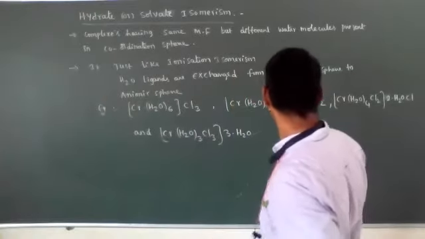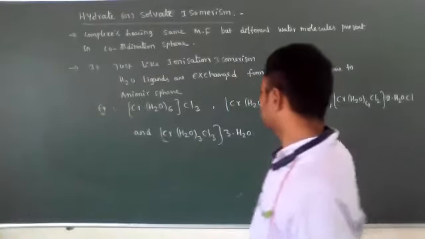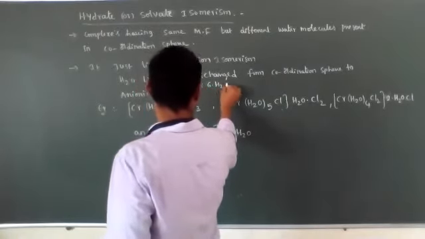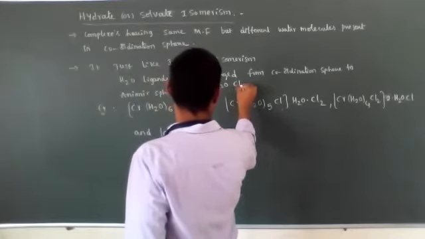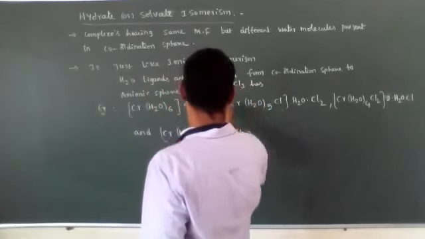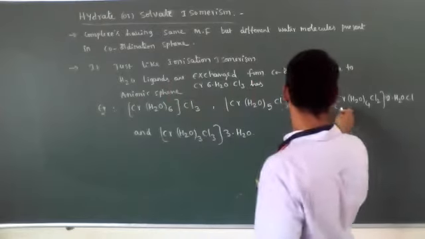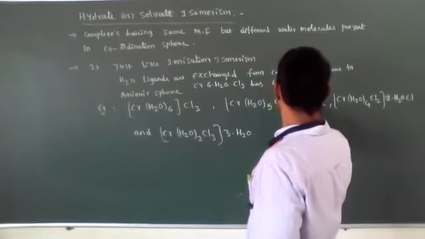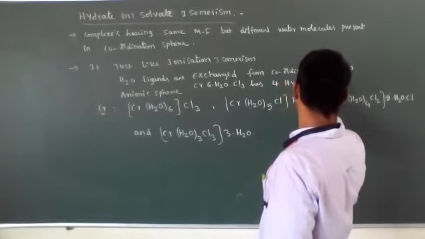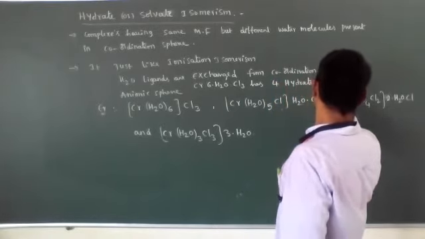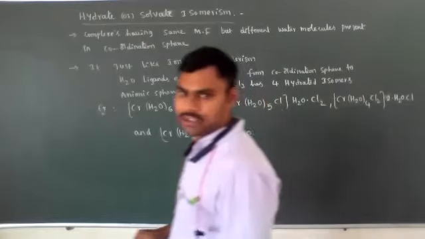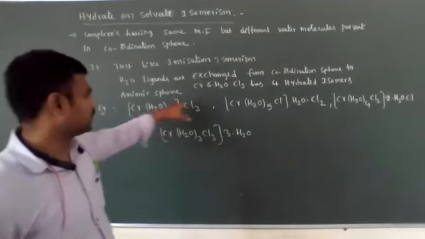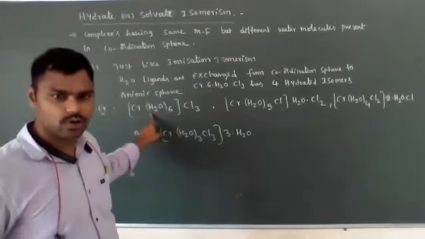So how many hydrated isomers are present for [Cr(H2O)6]Cl3? 1, 2, 3, 4 hydrated isomers are present. In the first, 6 water molecules are present in the coordination sphere.